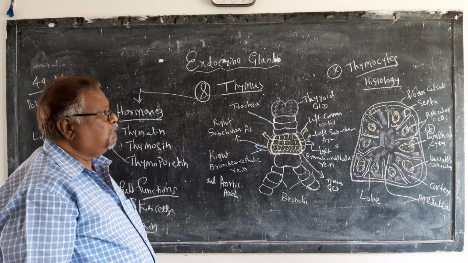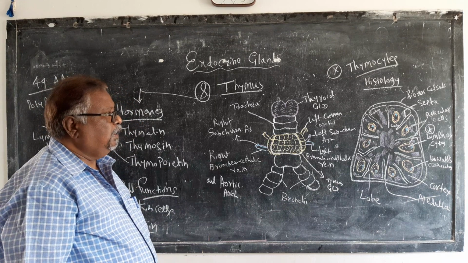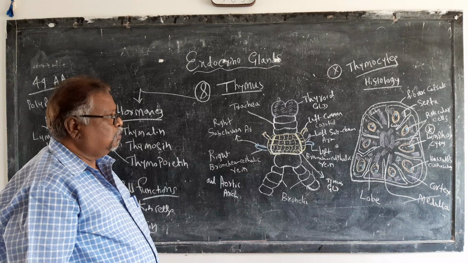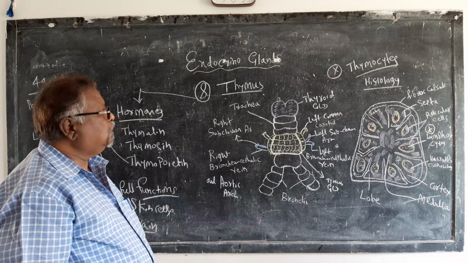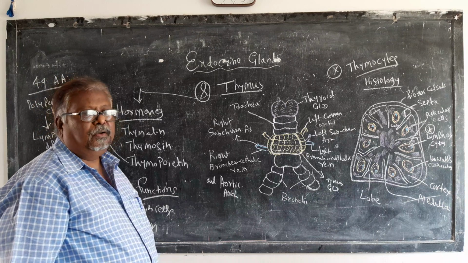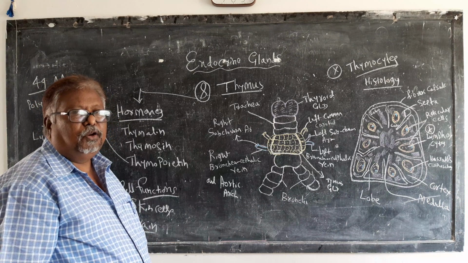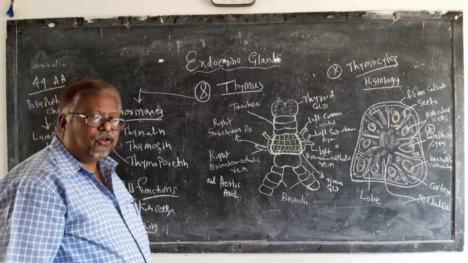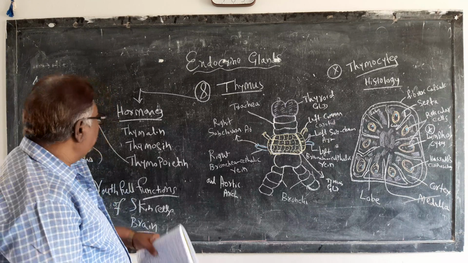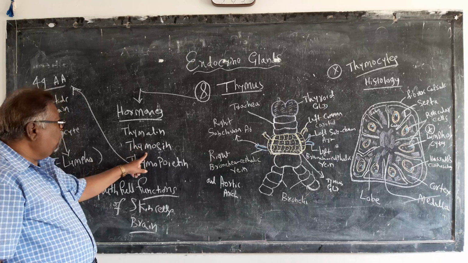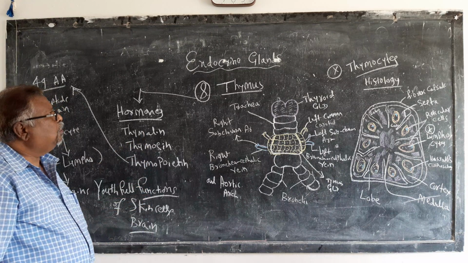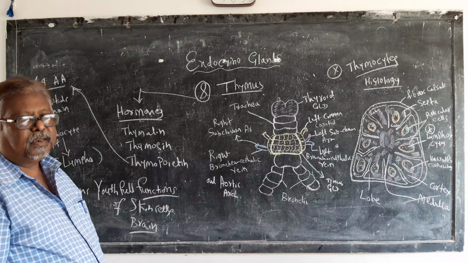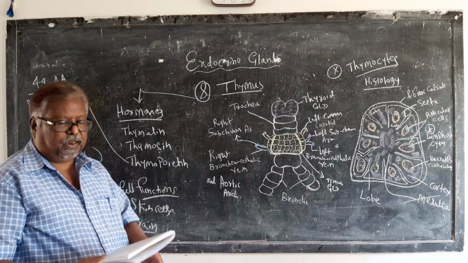In the lobes you can see lymphocytes present, and the basal corpuscles are also present inside. So this is directly concerned with the immune system, but it also secretes hormones called thymolin, thymosin, and thymopoietin. These are the three hormones produced by the thymus gland. So this is all about the thymus gland.